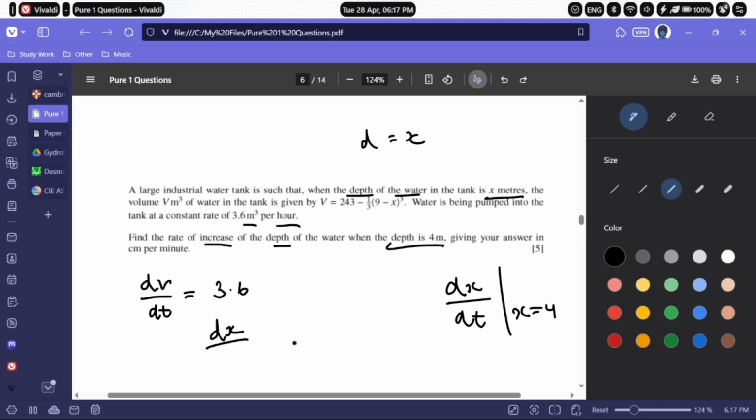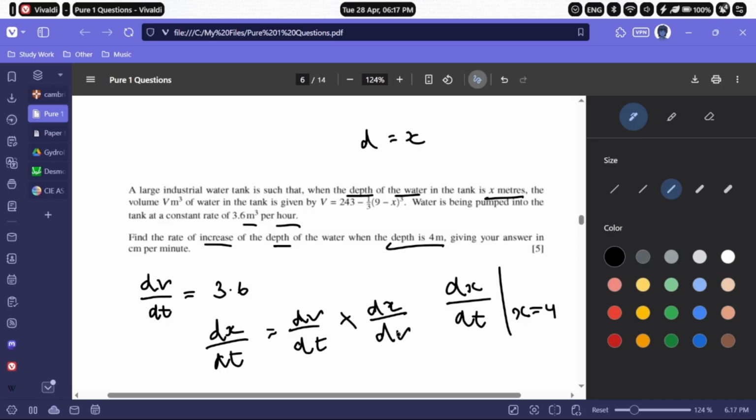I'll come to that. Anyway, dx by dt would be equal to dv by dt times dx by dv. This is basically the chain rule where you try canceling out the rates. You can treat these as variables. It's notation.